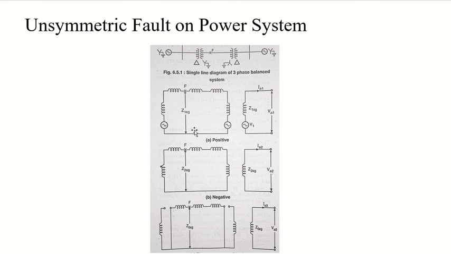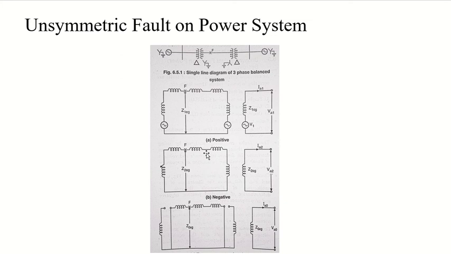Basically, positive and negative are equal, except in negative there is no EMF source present in my circuit, because remember what the values of VA1, VA2, and VA0 were that we derived.